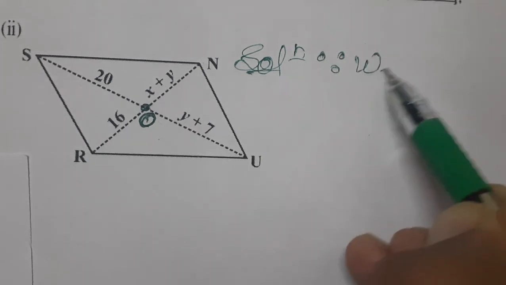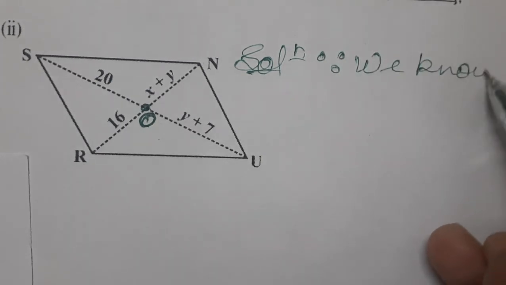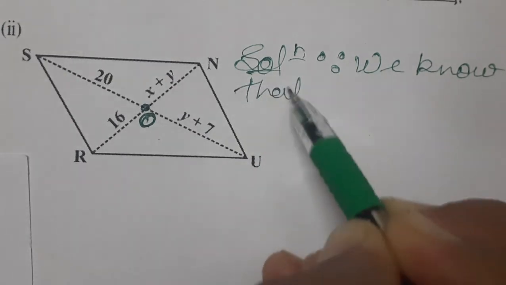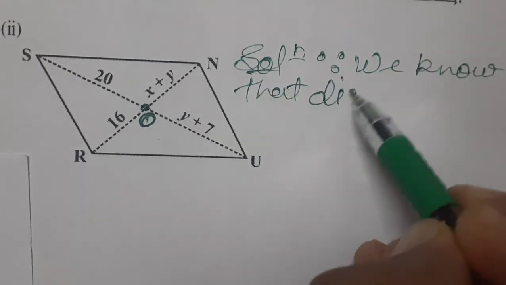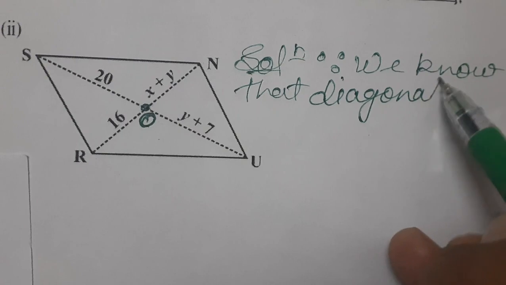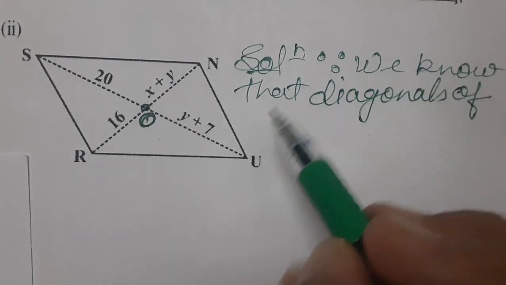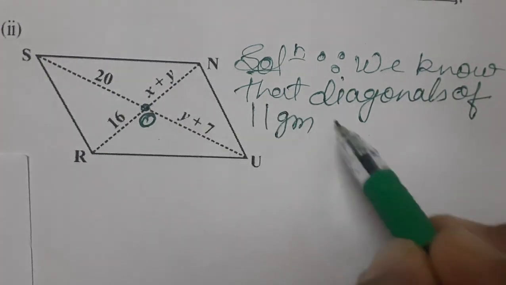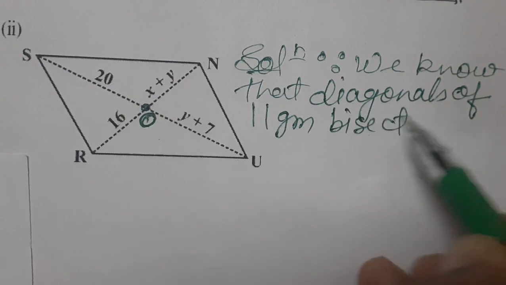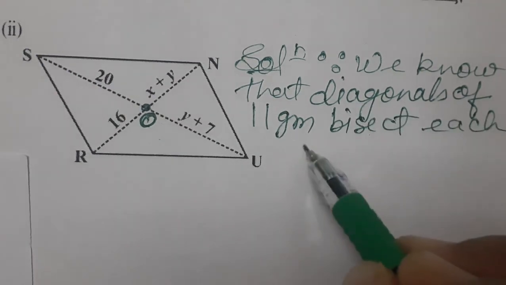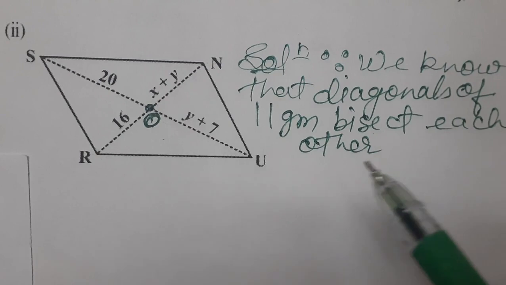Since we know that diagonals of a parallelogram bisect each other, this property we will use.